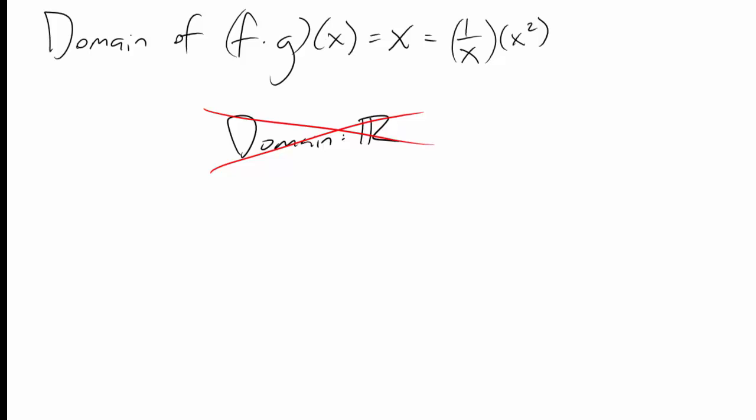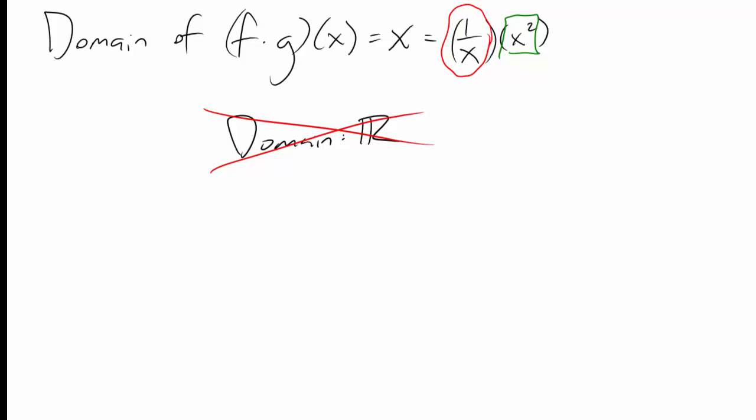Now, the reason for focusing here on that unsimplified form is this 1 over x. Even though it will eventually get canceled out with one of the x's from this x squared, it's there in the denominator in the original statement of the problem.